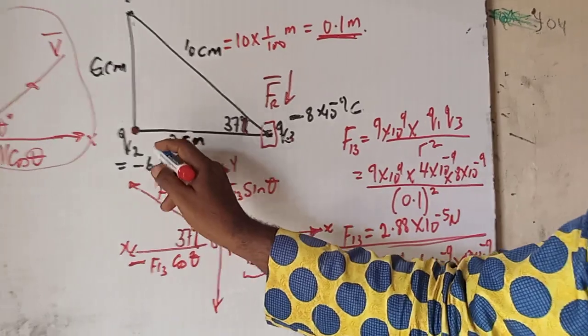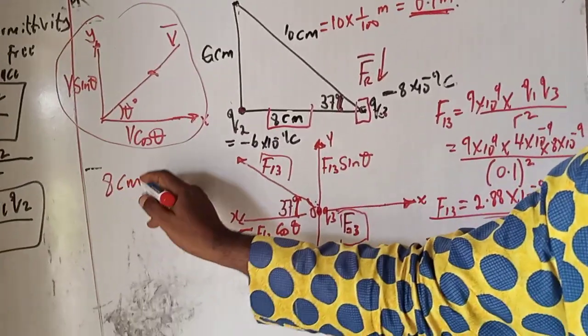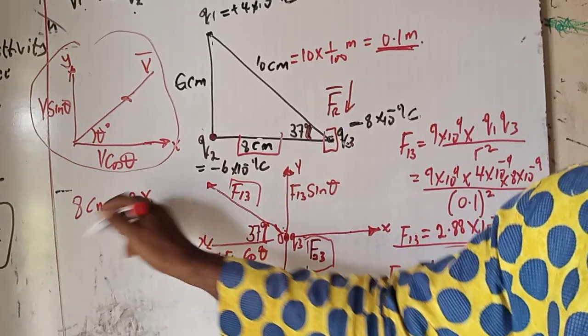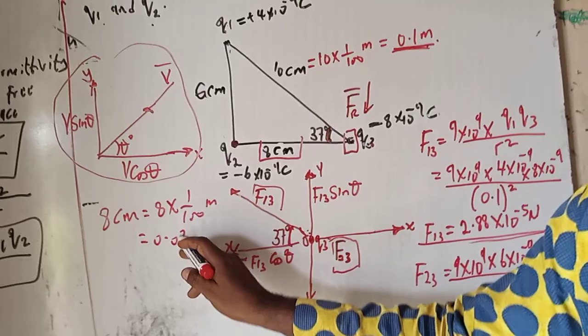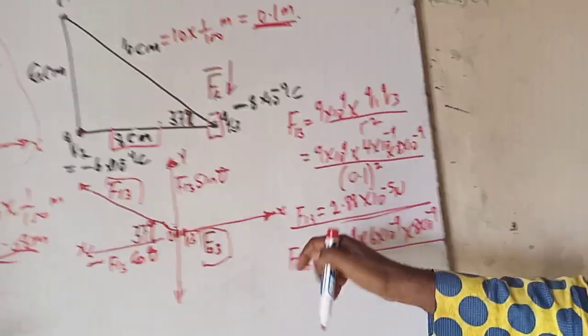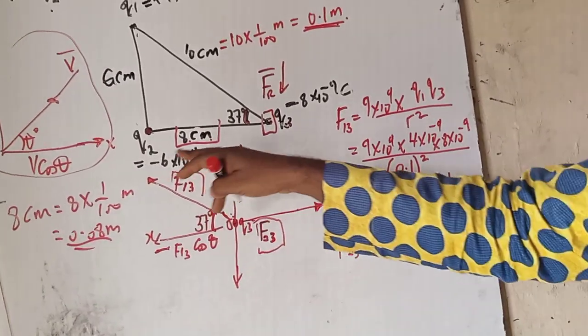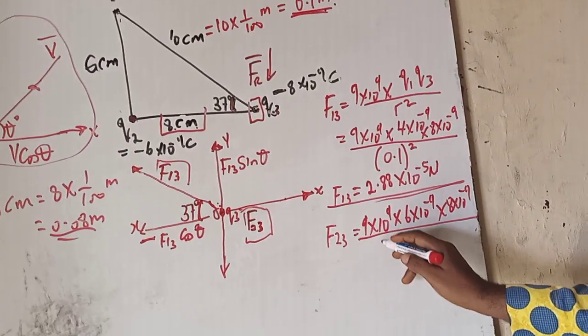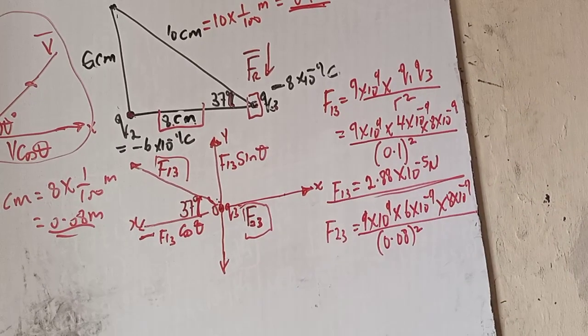This 8 centimeter I can convert to meter as 8 times 1 over 100 meter, so this becomes 0.08 meter. So the distance of separation between these two charges, 8 centimeter, is 0.08 meter, then we square it.